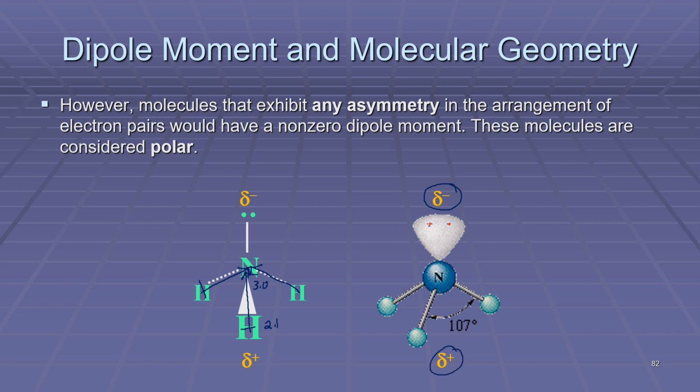Because it's not symmetric and there's four domains, three of them are bonds that are all vectors, but the fourth one is not. So there's not something balancing it. Overall, this has a vector in this direction, so it's pulling up, and one end of the molecule is polar. So not only do bonds have positive and negative ends, but molecules overall can have positive and negative ends. So this molecule is considered polar.